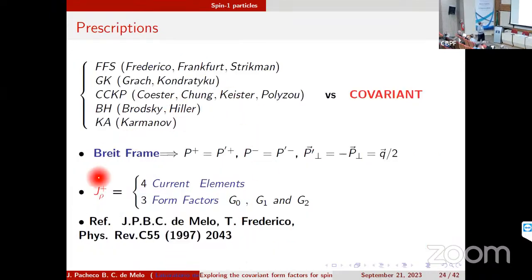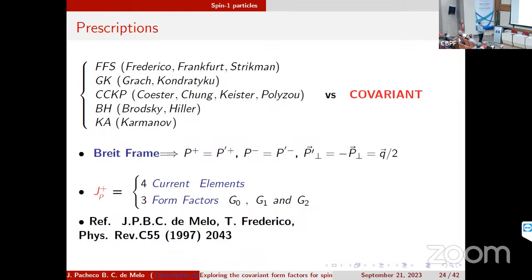Okay, now what is the problem with covariant spin 1 on the light front? Because you have only 3 form factors: charge, magnetic, and quadrupole. But you have 4 elements of current from the angular condition. You can combine every way you want.